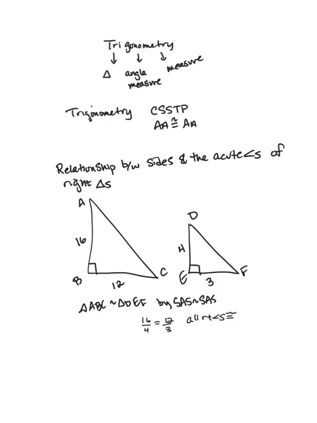Okay, so who cares, right? Well, the way that this works, guys, is that because these are similar, they create certain angle measurements. So because they're similar, angle C is congruent to angle F, because in similar triangles, the corresponding angles are congruent.